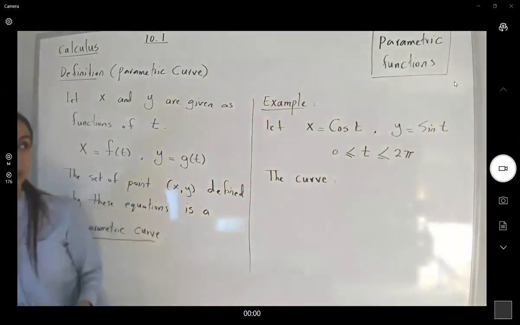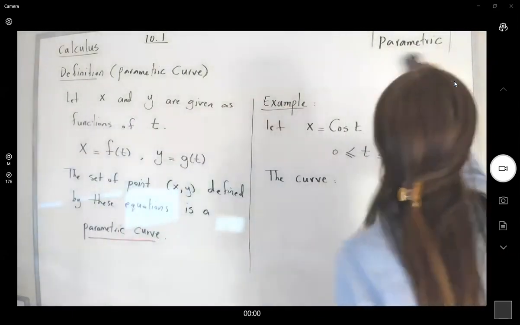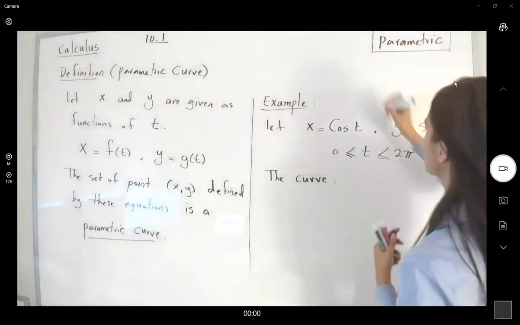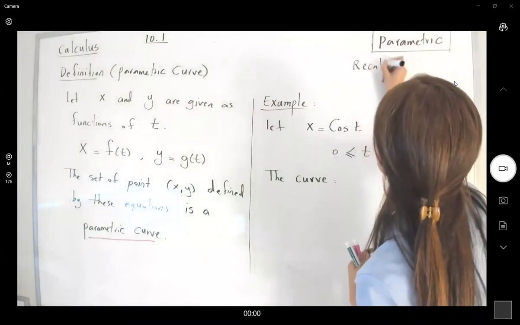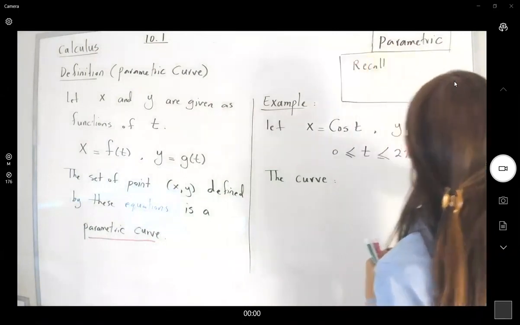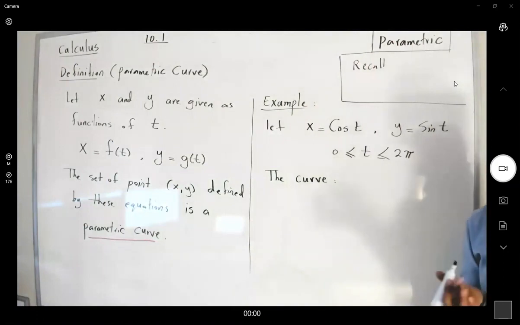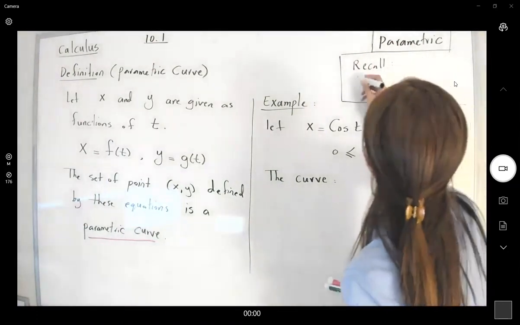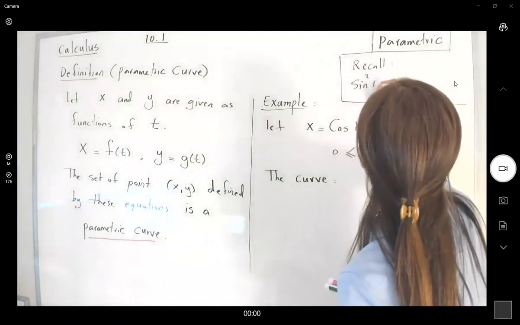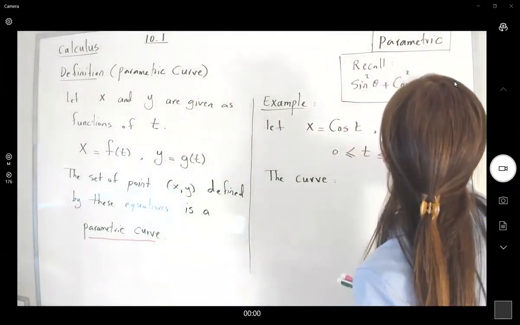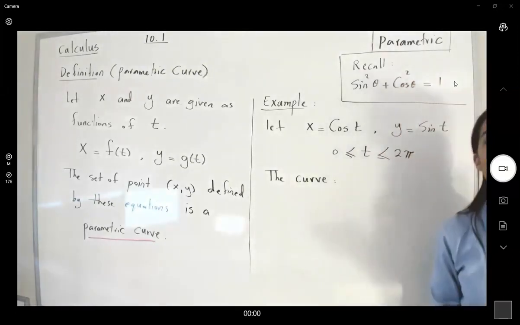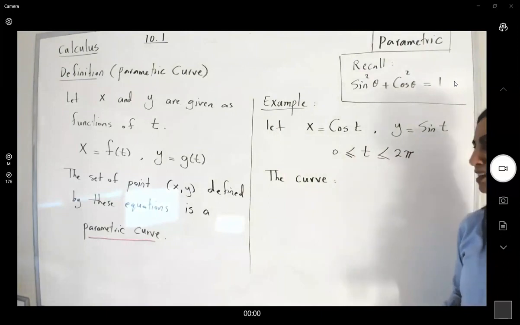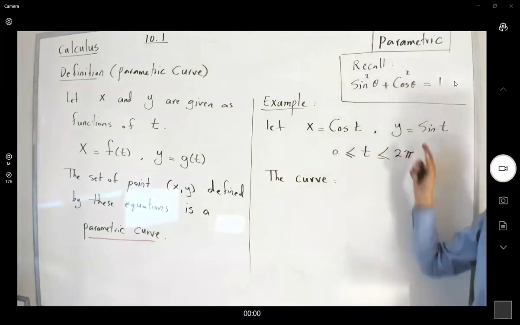We learned in pre-calculus that sine squared plus cosine squared is always 1. Sine squared theta plus cosine squared theta is always 1. You remember that. You learned it before. Here you have cosine, here you have sine.